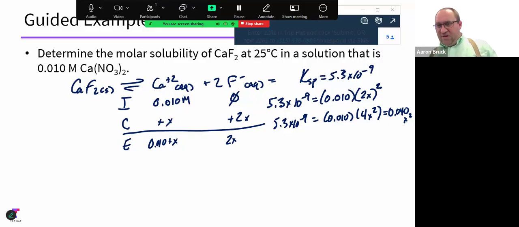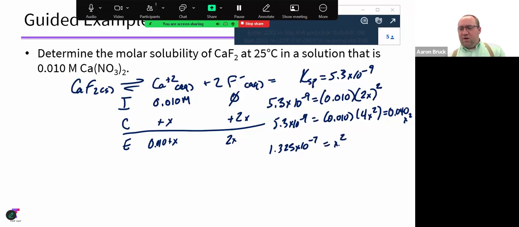Dividing each side by 0.04, I get 1.325 times 10 to the negative 7th for x squared. Take the square root to 2 sig figs. 3.6 times 10 to the negative 4th is x, which would be my molar solubility.